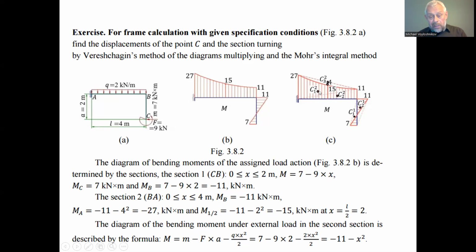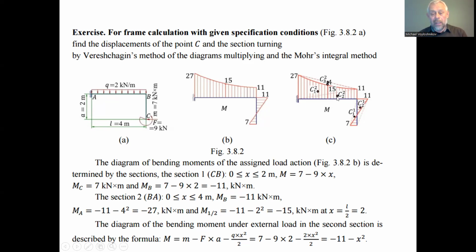For each segment of the decomposition of the original diagram, we have to have the location of the center of the area. For the second one, we have the location 1/3 part from the point B to the left and 2/3 from the point A, as a property of the triangle.